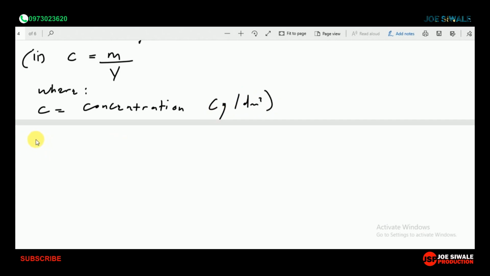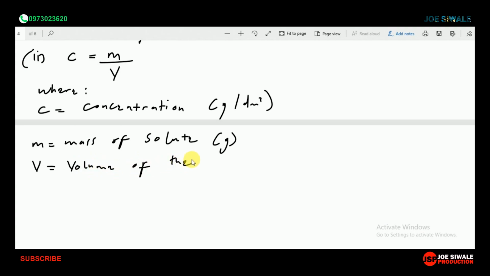Then m is going to represent the mass of solute, and that is in grams. Then V is going to represent the volume of the solution, and the unit is cubic decimeters.